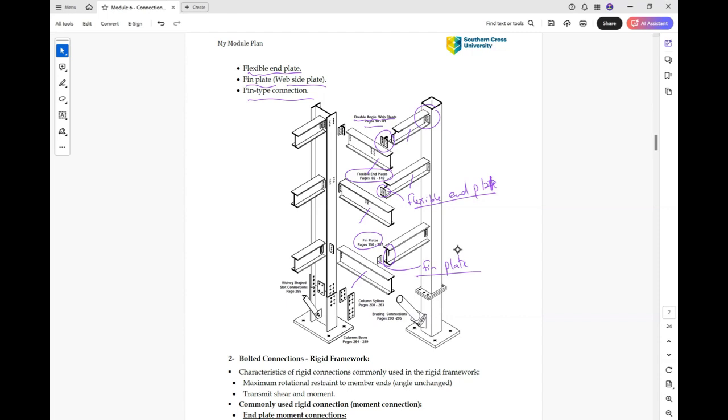Here and here, these two are column splices. Here is the bracing connection. So these are all types of simple connection that only transfer shear but don't transfer moments, because the moment is minimum or almost zero in the simple type connection.